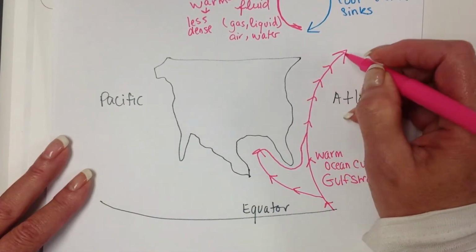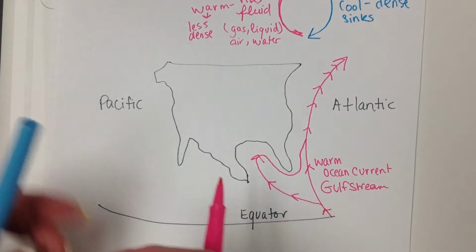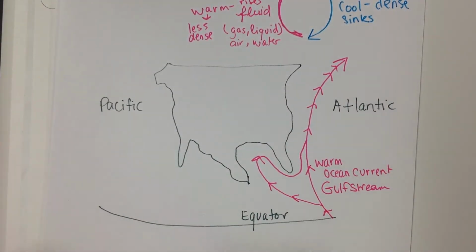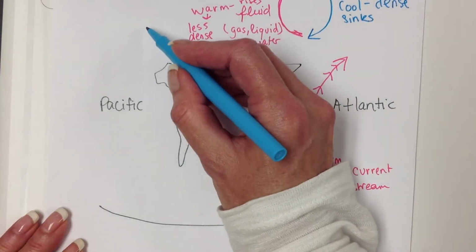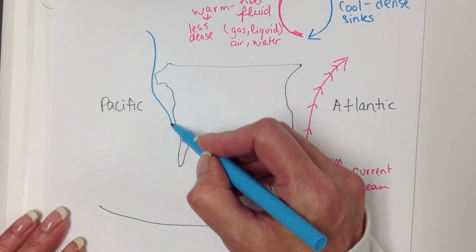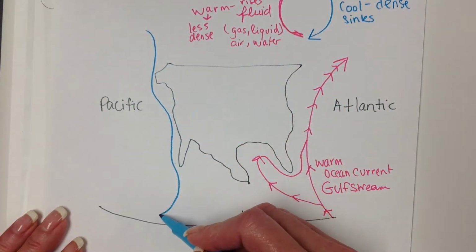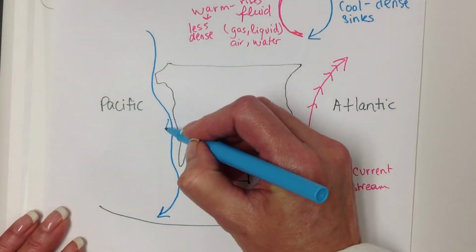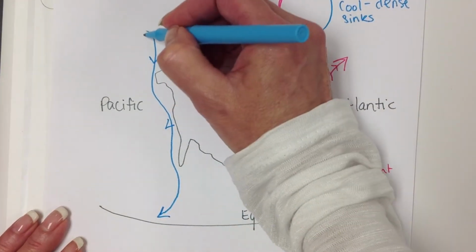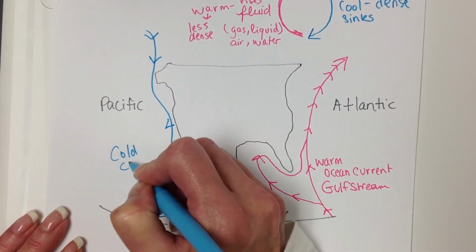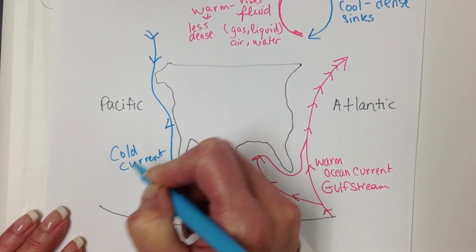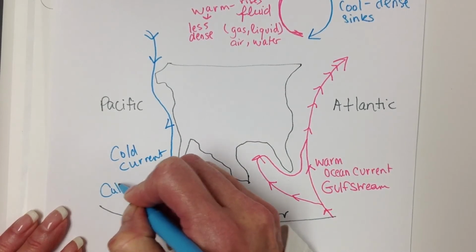Okay? Now from the poles downward, we have one of these coming in on our west coast of the United States, a nice cold current, and it's going all the way along the west coast of the U.S., coming from the pole to the equator. It's a cold current, and it's known as the California current.